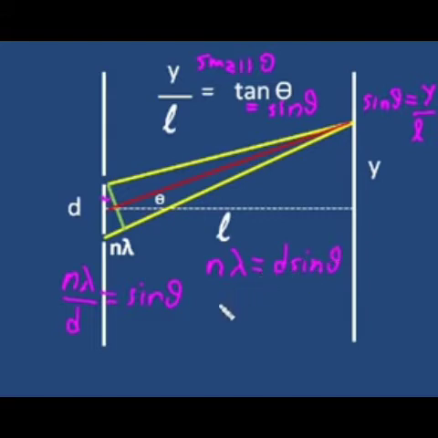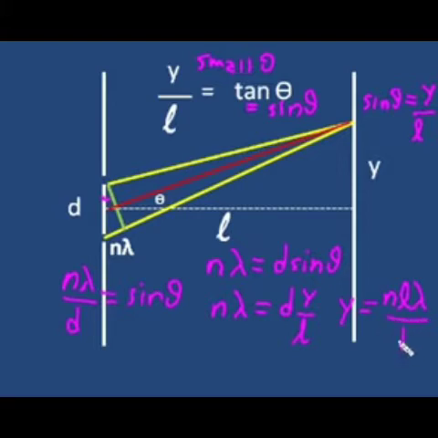We'll look at that in a moment. But now I can also say n times lambda is equal to d times sine theta, which is the same as y over L because the angle is small. And now I can rearrange that formula for y, and I will have an equation that will tell me where the fringes are to be found relative to that central maximum. Very important equation: n L times lambda divided by d.